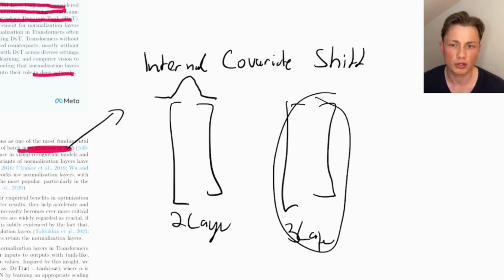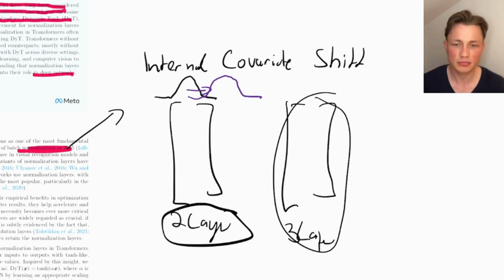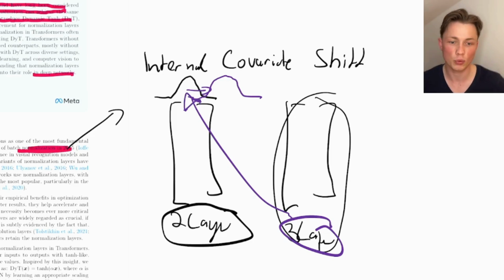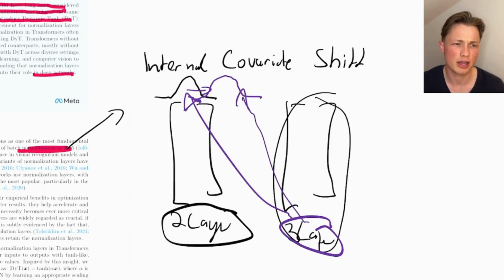The problem now is that layer 2 also updates its weights, and this shifts this distribution to maybe something like this. And now this layer just has the weights trained for the old distribution, so we have to update the weights again for this new distribution, and that's what the internal covariate shift is.